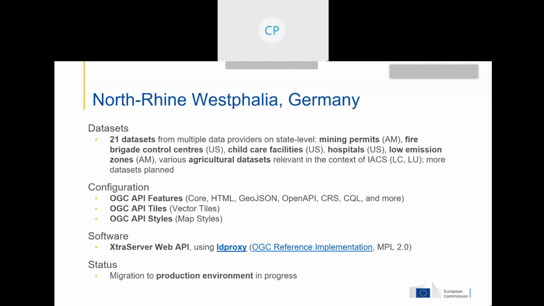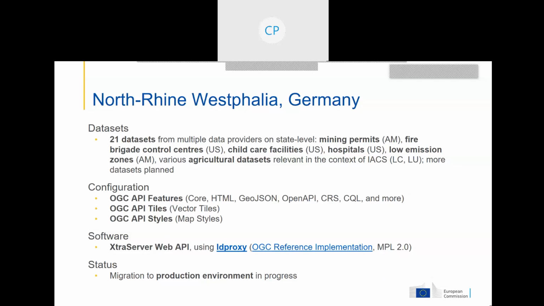So North Rhine-Westphalia has been working with OGC API Features deployments, experimental ones since late 2017, and is now moving APIs into production, including currently 21 Inspire data sets. Inspire APIs consistent also with the interoperability requirements.